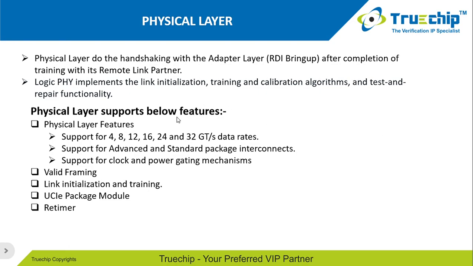Here are some features supported by the physical layer. The physical layer supports 4, 8, 12, 16, 24 and 32 giga transfers per second data rates, supports advanced and standard package interconnects, supports clock and power gating mechanisms, and valid framing, link initialization and training, UCI package module and retimer.